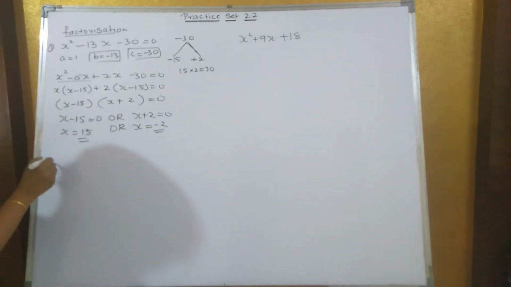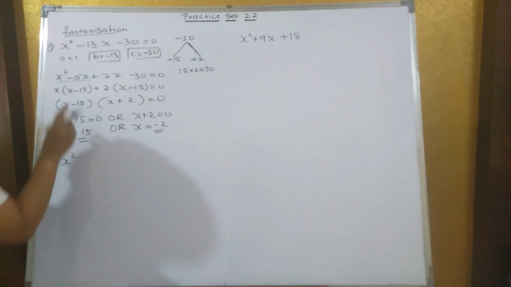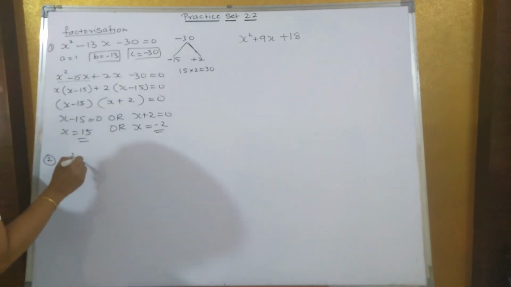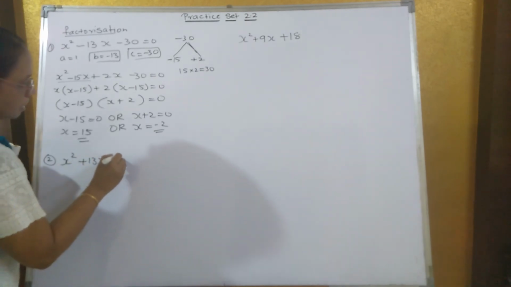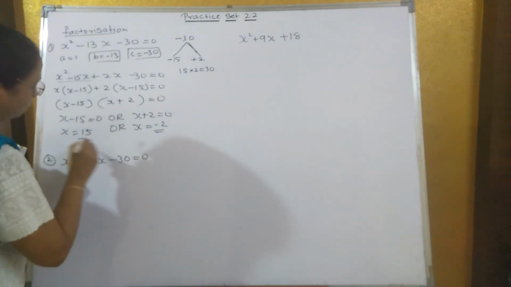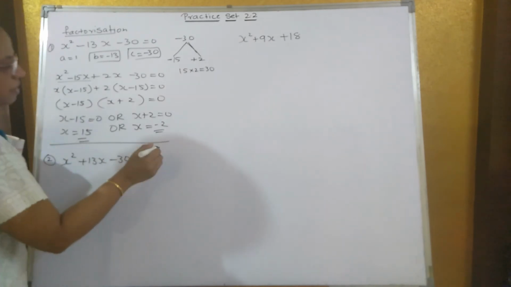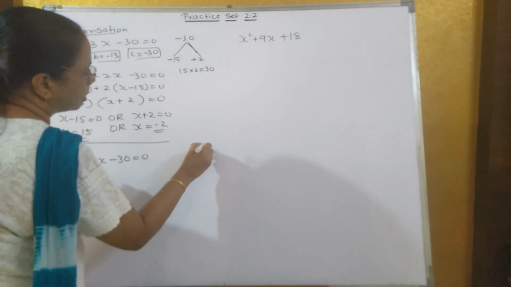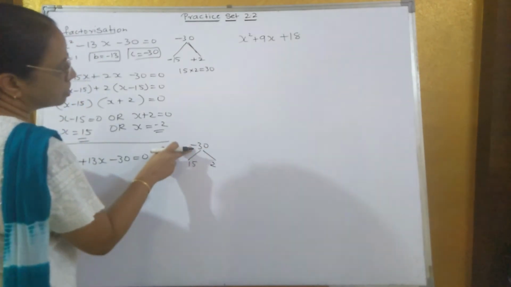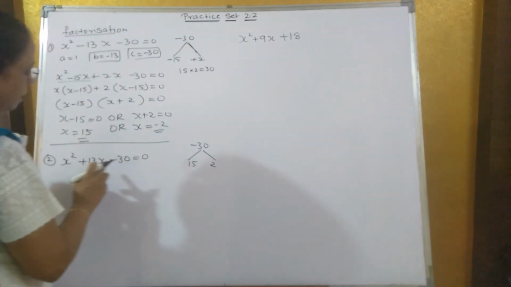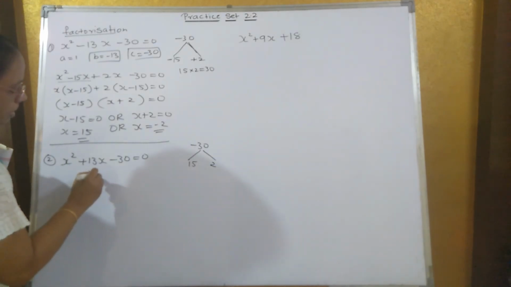Supposing the same equation, x square, instead of minus 13x it would have been plus 13x minus 30 is equal to 0. The factors of minus 30 would remain the same, 15 and 2. Why the same? Because it is negative, so you should subtract and get the middle term, that is B is equal to 13.